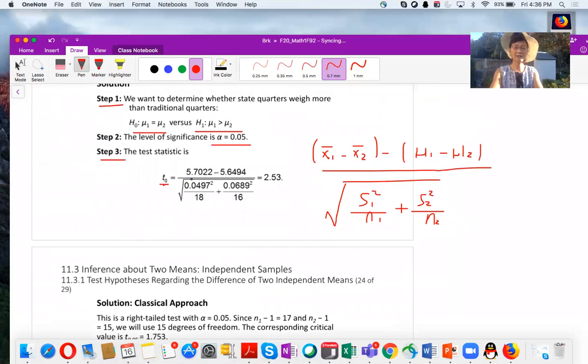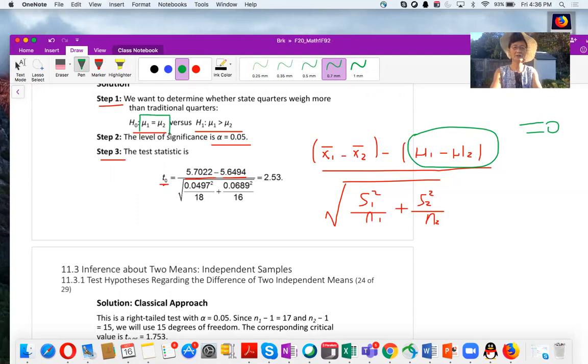We already calculated sample 1 mean 5.70022, and sample 2 mean 5.6494. Mu1 minus mu2 is 0. Why? Because you assume mu1 equal to mu2.